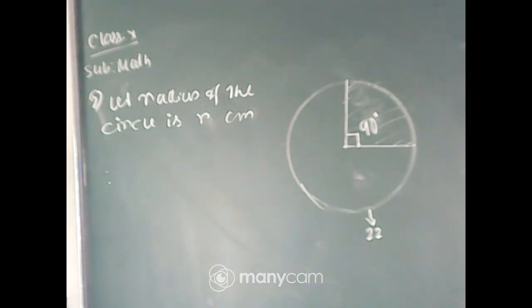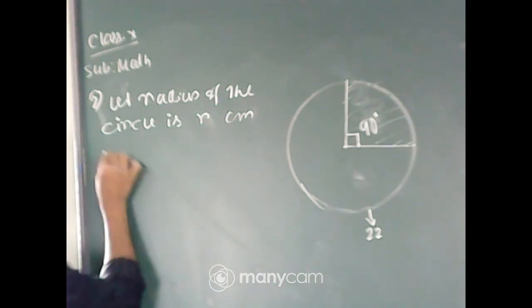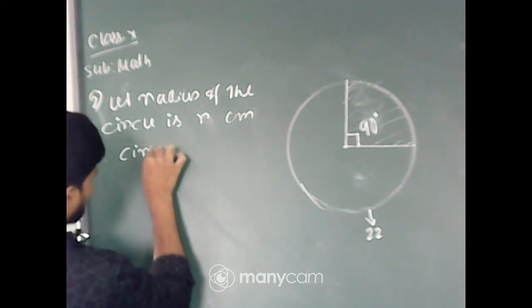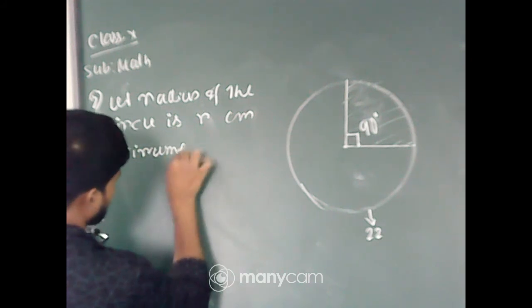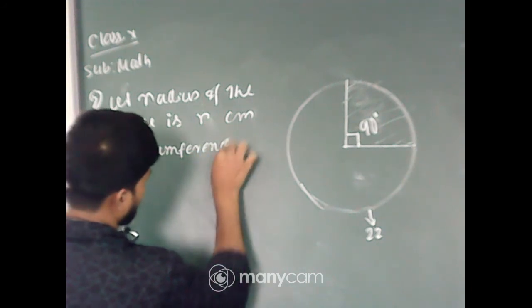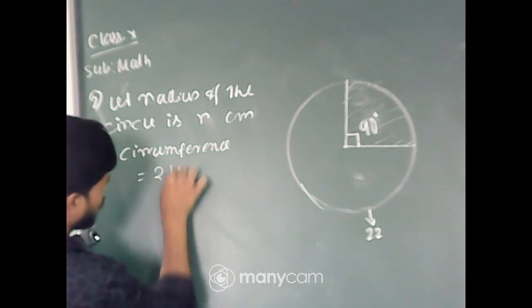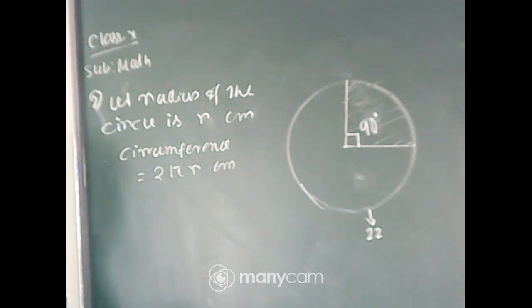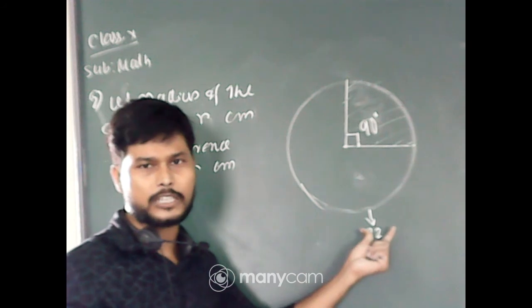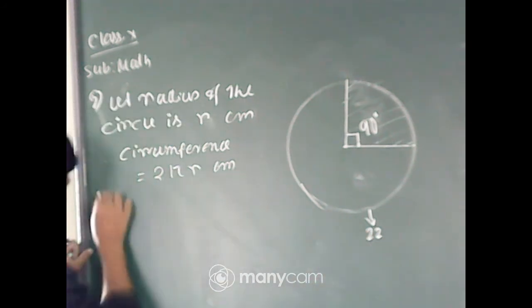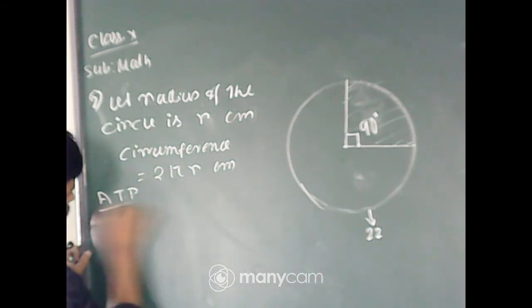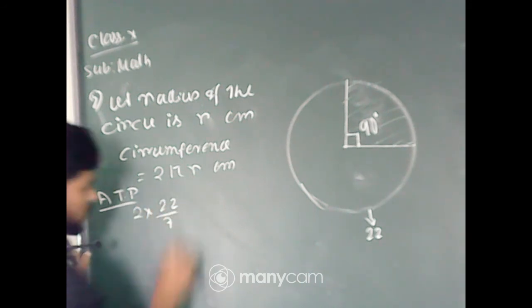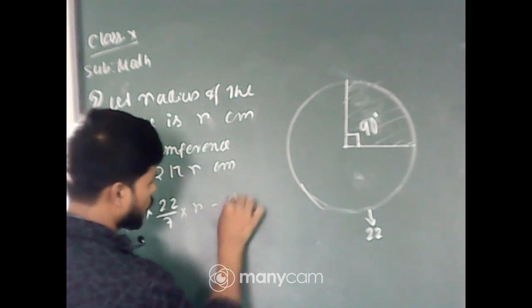Now find the circumference. We know the formula. The formula is 2 pi r centimeter. According to the problem, the circumference is 22. So 2 into pi, that is 22 by 7, into r is equal to 22.